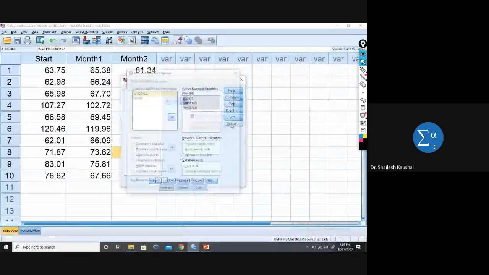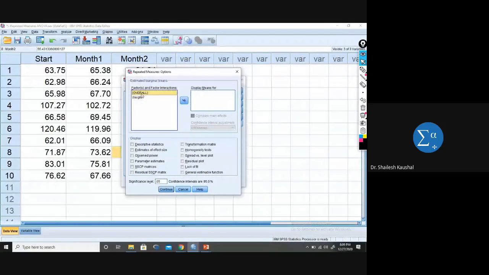Options: I am selecting overall and transferring it here, and display means for weight, transferring here. Then I am taking compare main effects, selecting Bonferroni. Then descriptive statistics, estimates of effect size, transformation matrix, and then continue.